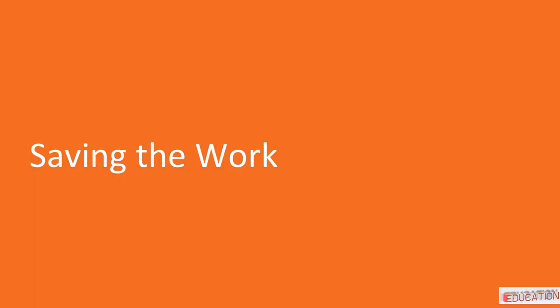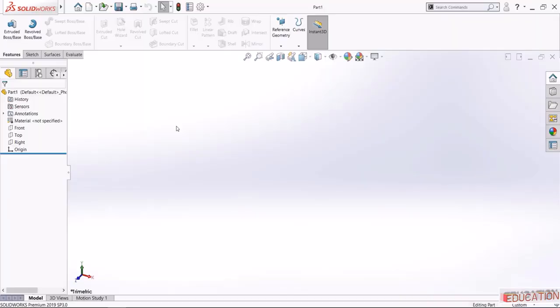Saving files. Once you create a new part file, as we did in the first video, SolidWorks automatically assigns a name for that part. Like here, we have Part1. If you want to save this part, it's easy and straightforward.